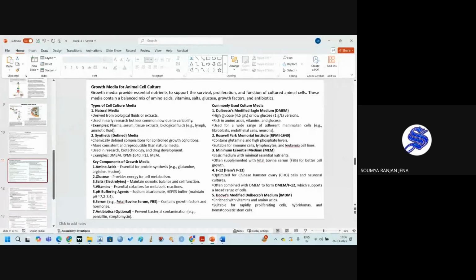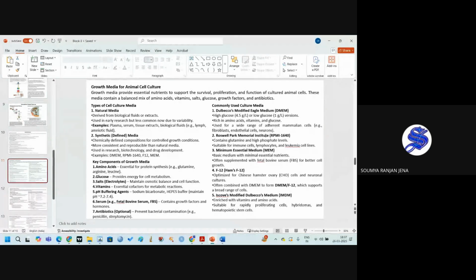In this process, they use the maximum glucose molecules. It is also rich in amino acids and vitamins, and used for a wide range of adherent cells, meaning attachment of all cells like fibroblast, endothelial cells, neuronal cells, or any breast cancer cell, colon cancer cell, like that.